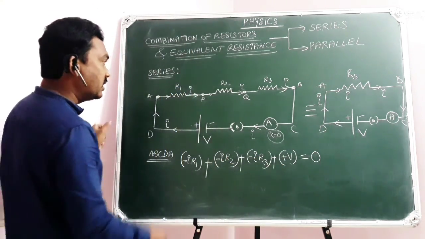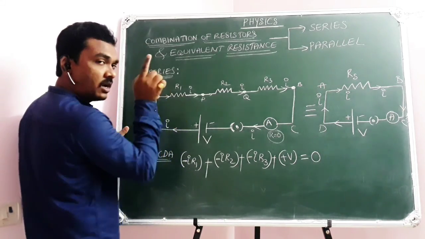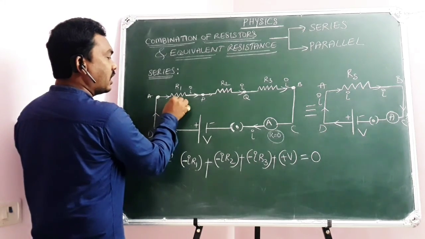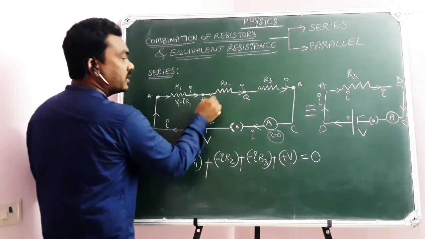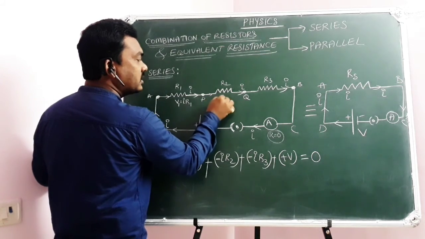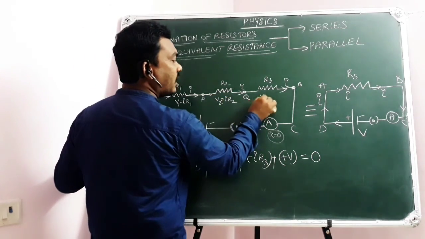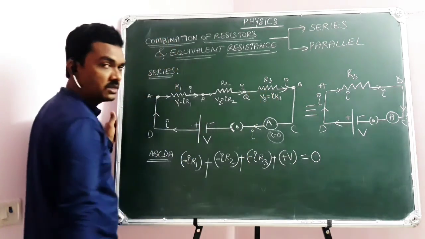Don't forget that IR1 is the potential drop across R1. The potential drop across R1 is equal to IR1. The potential drop across R2 is equal to IR2. And the potential drop across R3 is IR3, because current I is traveling through R3.